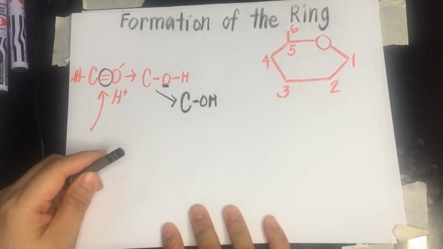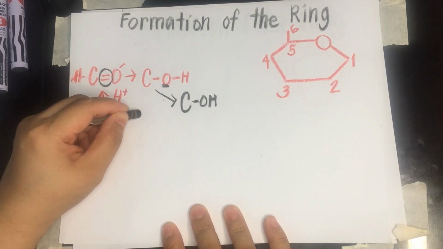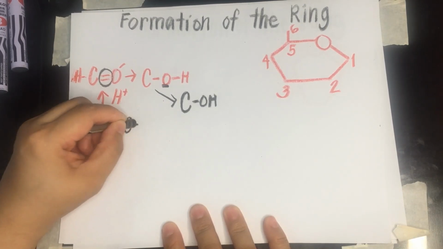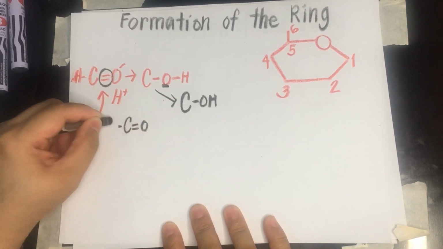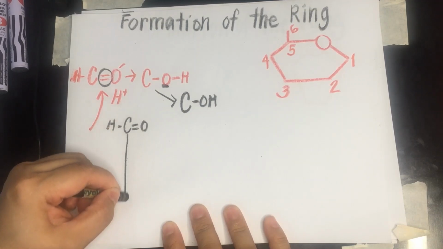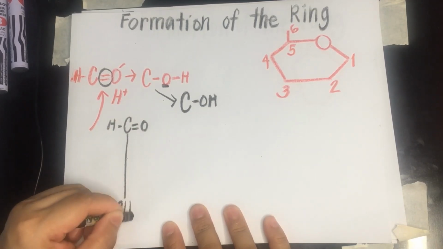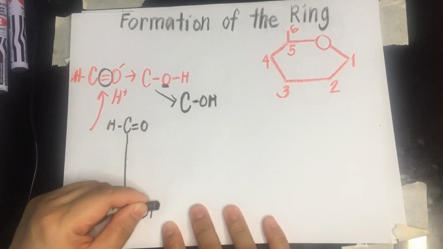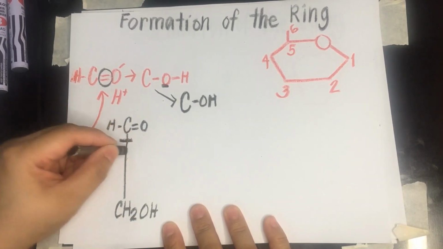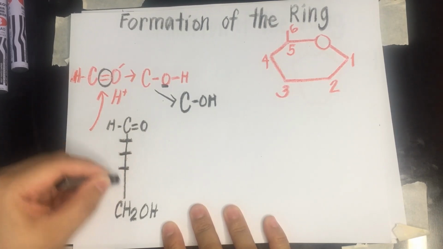So let us now take a look at the D-glucose structure. So we have C, double bond O, and hydrogen. We have here the terminal alcohol. And then we have carbons number 2, 3, 4, and 5.